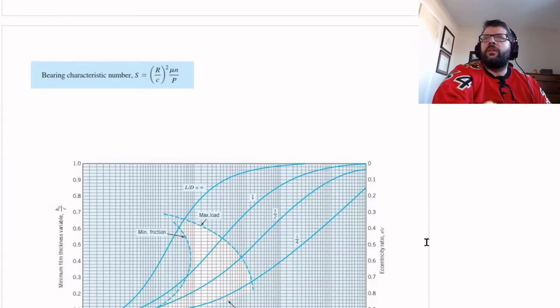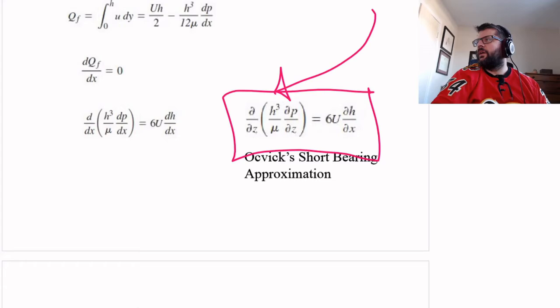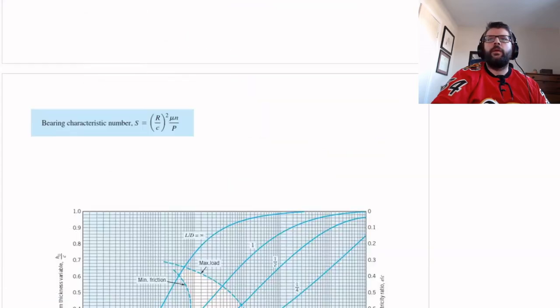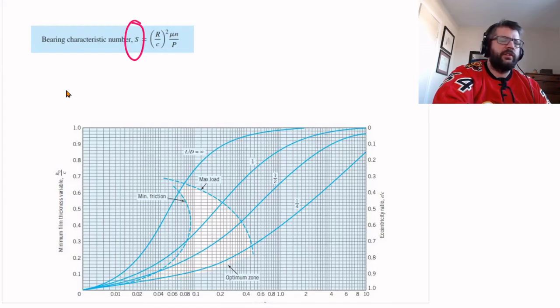The bearing characteristic number is what's given as the x-axis on all these. That's given as S, the Sommerfeld number, I believe it's called.